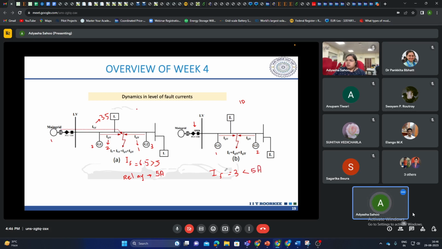So even if there is a fault, the relay will not operate, and we will not be able to isolate the faulty section due to the incorrect relay settings. So this was the first issue.